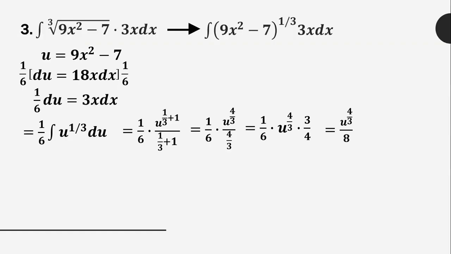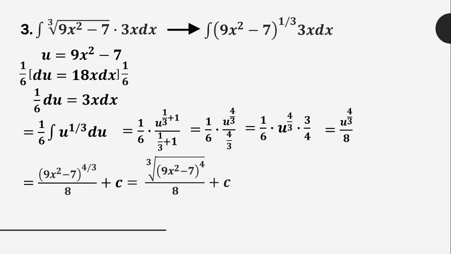Then we will rewrite now the u function. We will return it back into its x function, which is the quantity 9x squared minus 7 raised to 4/3 over 8 plus c. So notice that our plus c already appeared when you return it to the x value. Then we can rewrite this one as a radical. That becomes the cube root. Remember that the denominator is 3.